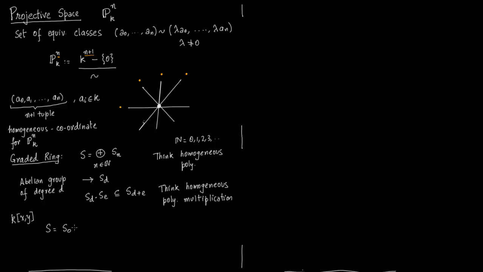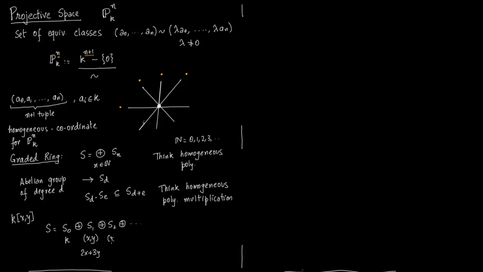So S is equal to, say, S0 direct sum S1 direct sum S2 direct sum S3 direct sum S4, and so on. So S0, say, degree 0, so just K. S1, degree 1, so generated by x comma y. An element could look like 2x plus y or 2x plus 3y.